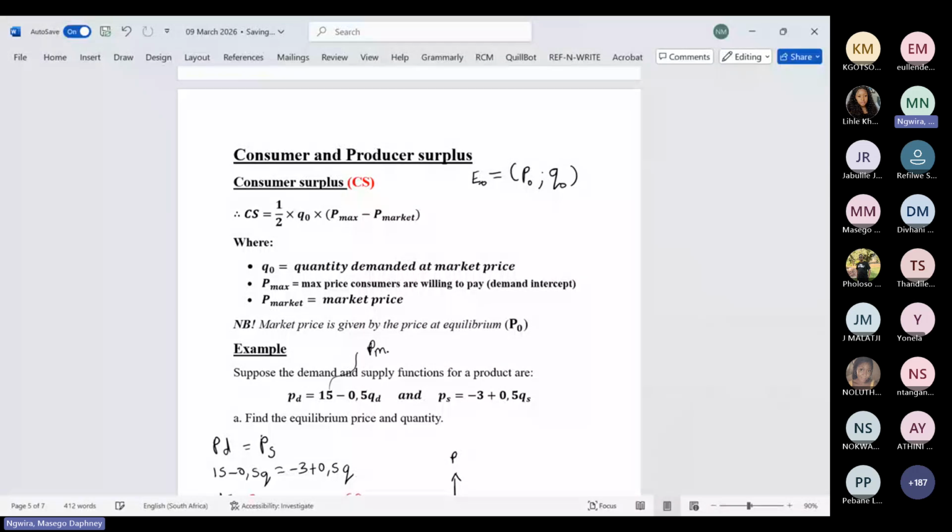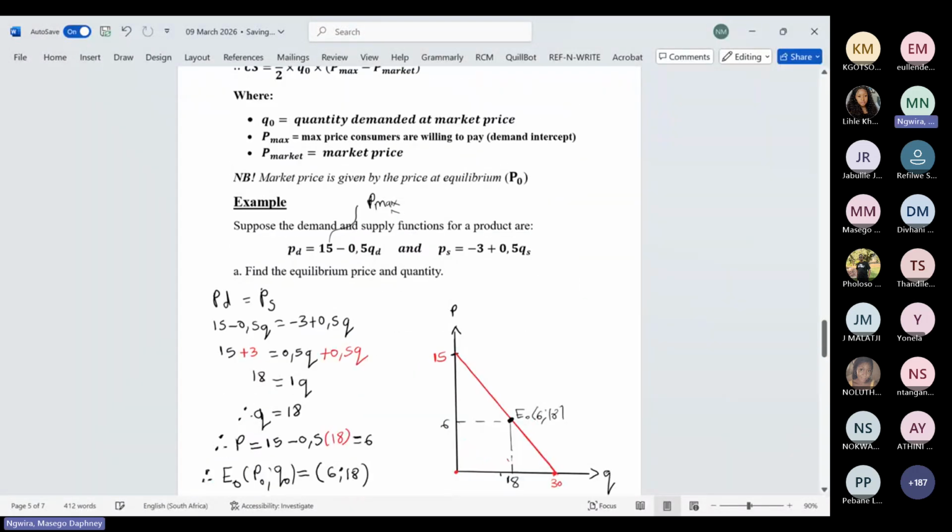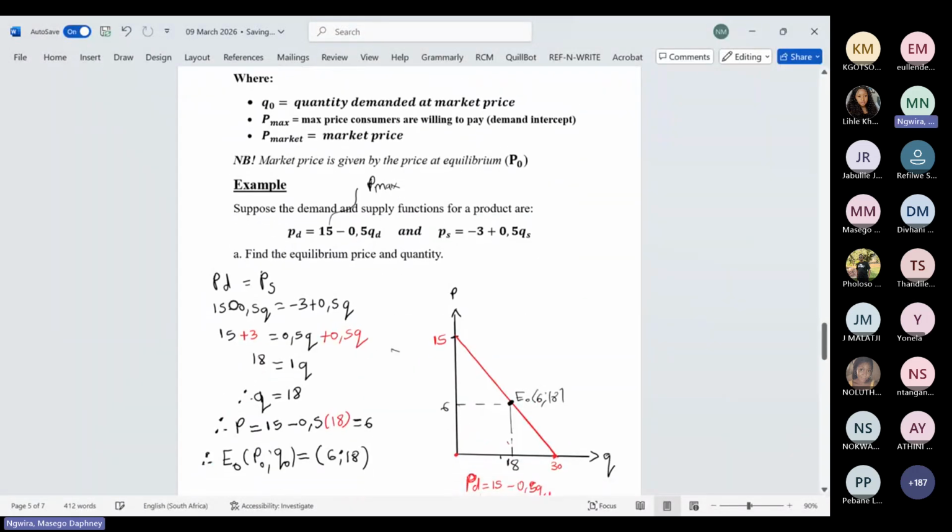We call it an intercept for demand. That's why I made sure that I write it here. The maximum price consumers are willing to pay is your demand intercept. The demand intercept is the 15, where your graph starts.